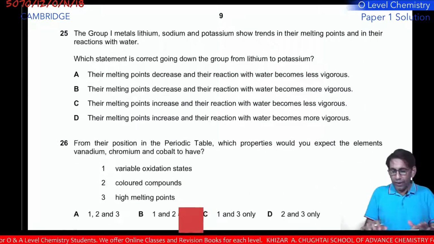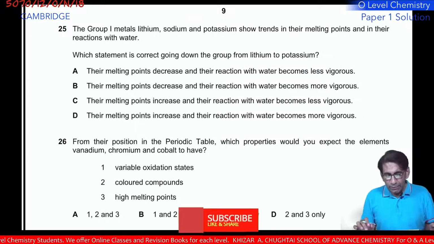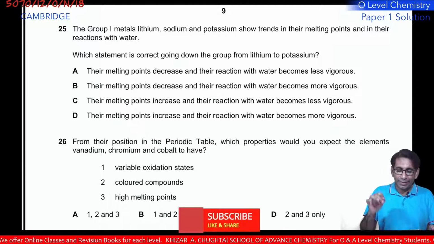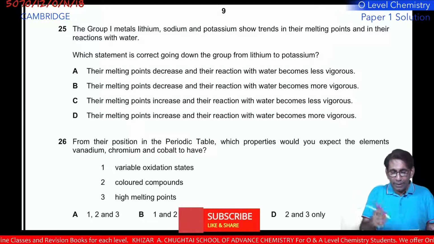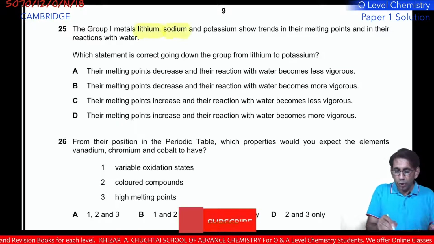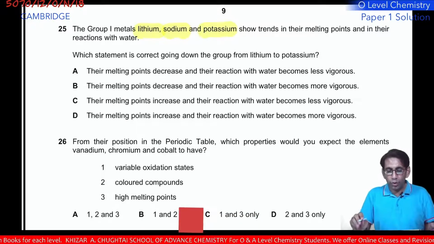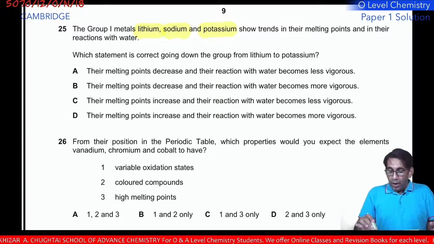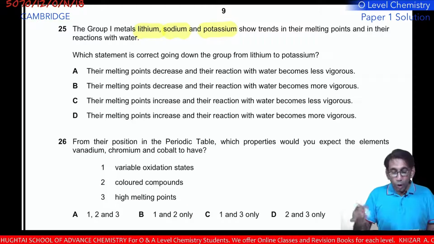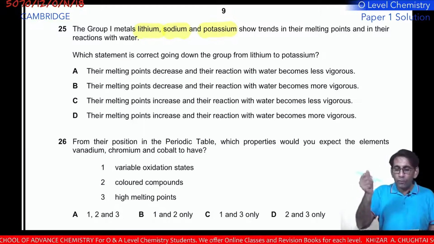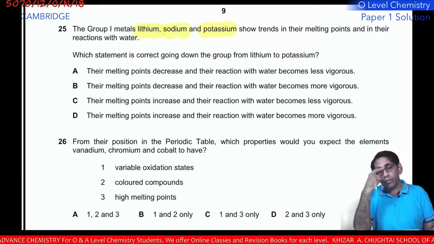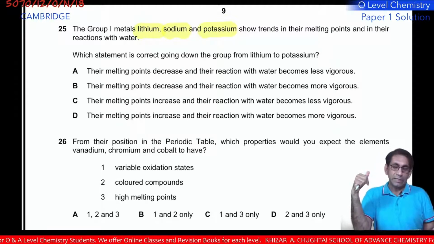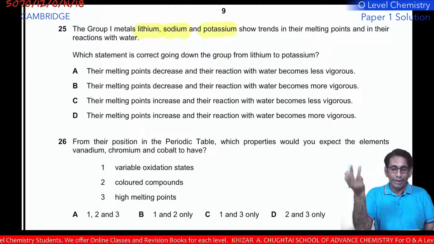Question number 25. Group 1 metals lithium, sodium, potassium show a trend in their melting point and in their reaction with water. They are all in the same group. Which statement is correct? As we move down the group, melting point decreases for metals, while for non-metals melting point increases.